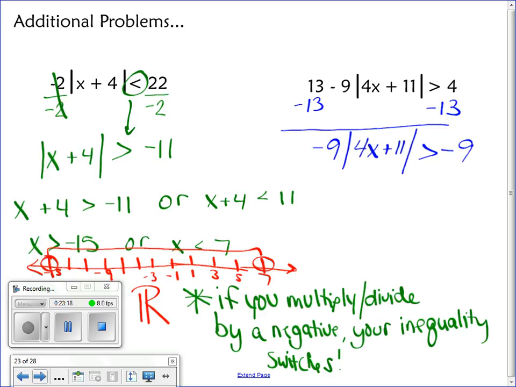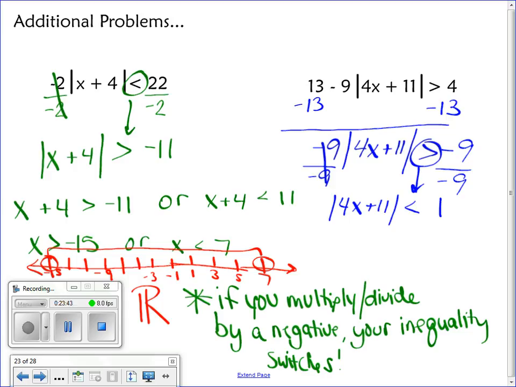Then what? Divide by -9. So 4x plus 11 is less than, very nice, that greater than switches. Why? Divided by a negative. And that gives me 1. Who says you caught the all real number there.